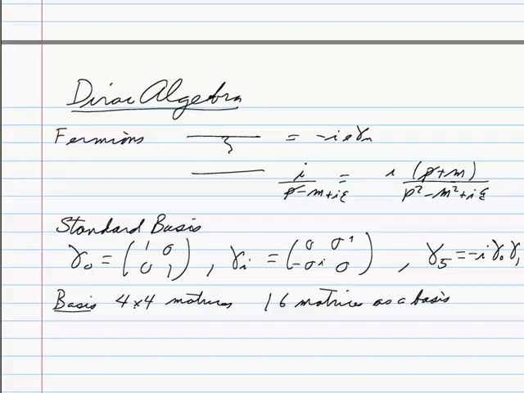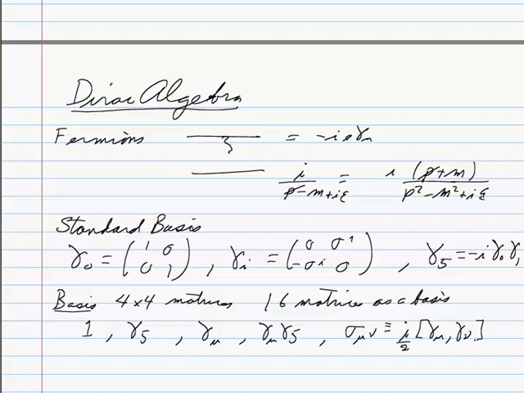The typical choices are the matrix 1, the matrix gamma 5, the matrices gamma mu, gamma mu gamma 5, and sigma mu nu, which is defined to be i over 2 times the commutator of gamma mu and gamma nu.